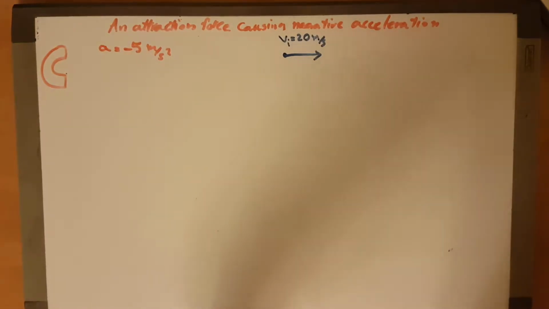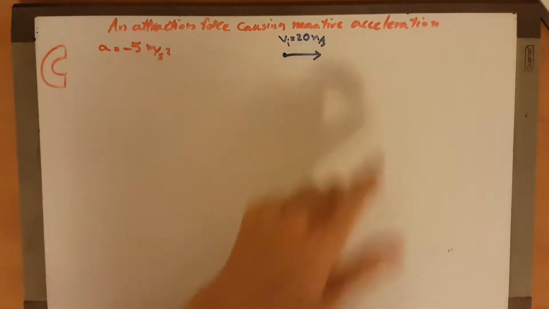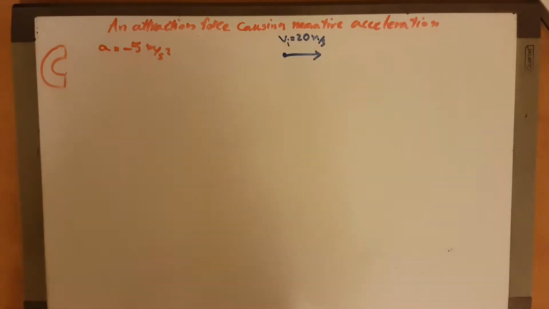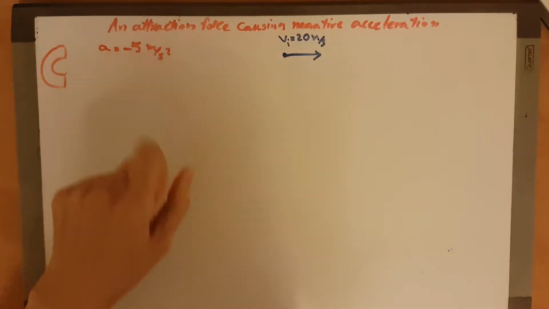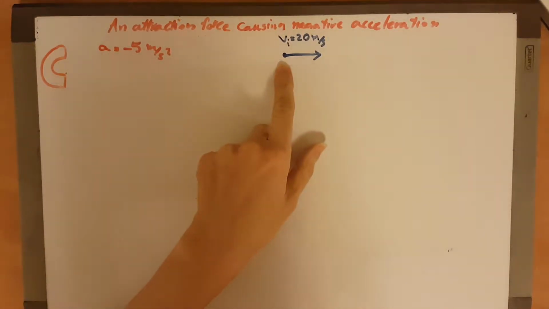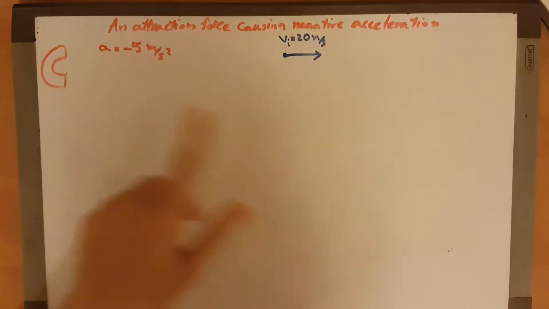Okay, everyone, let's look at the situation when an attraction force is causing a negative acceleration. Let's say there's a magnet here, causing a negative 5 meters per second squared for an object which is made of iron and is moving in this direction, getting away from the magnet.